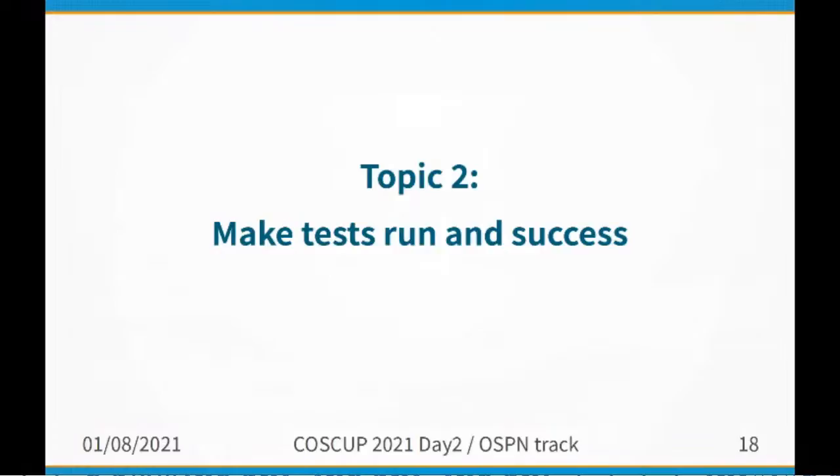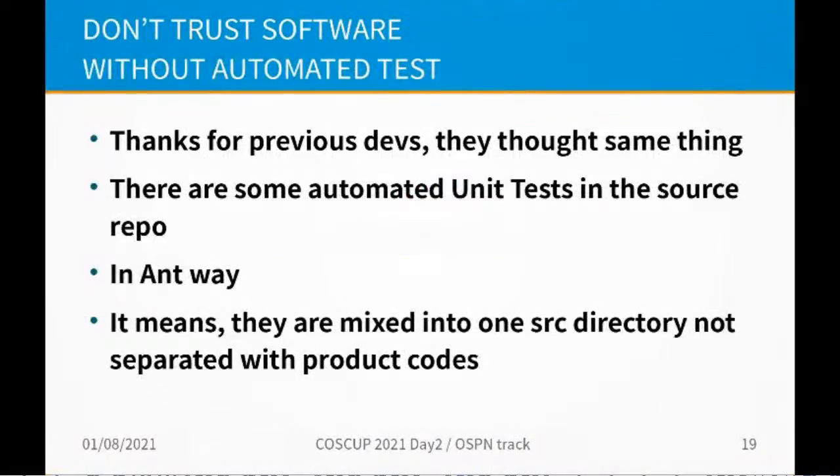Okay, then next I will talk about the tests. Now we are living in the 21st century, so everyone knows not to trust software without automated tests. The previous jOpenDocument developers thought the same thing.